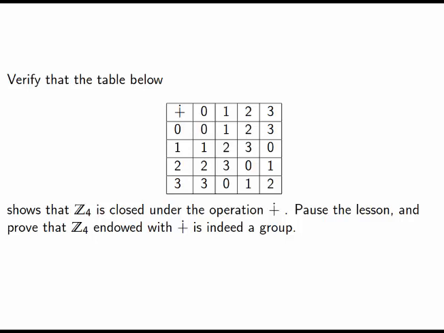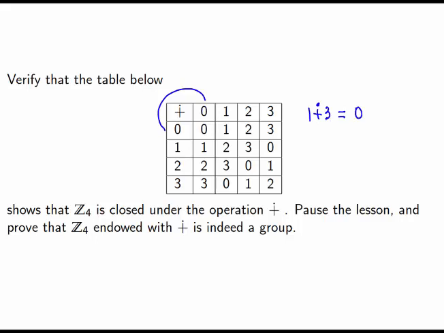Now, if we look at the table here, you can see that 0 plus 0 is 0, 0 plus 1 is 1, 0 plus 2 is 2, and so on. For example, 1 plus 1 is 2, 1 plus 3 is 0. Why? Because if you take 1 plus 3 in the usual sense, you get 4, but if you divide 4 by 4, you have a remainder of 0.